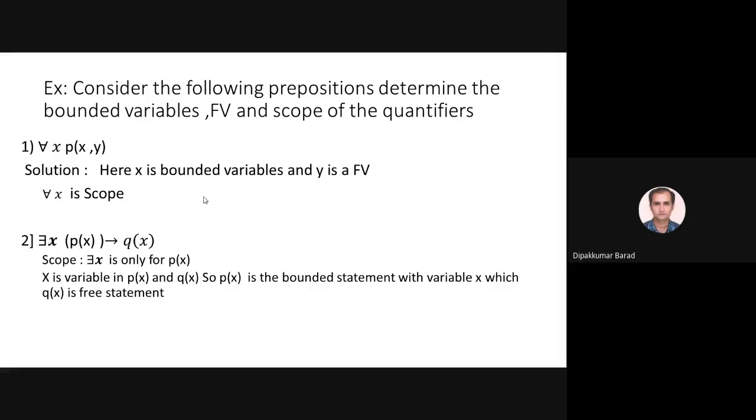So for all x, P of x comma y. Here x is a bounded variable and y is a free variable. See, this is the quantifier which we apply on x, so for all x is the scope. Now for there exists x, P of x implies Q of x, this there exists x is the scope only for P of x, and x is bound in P of x.